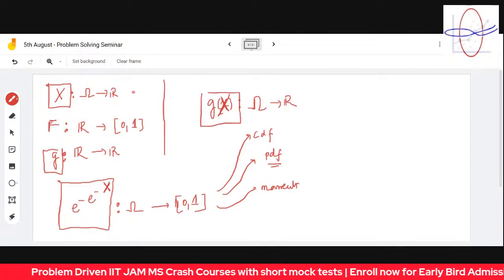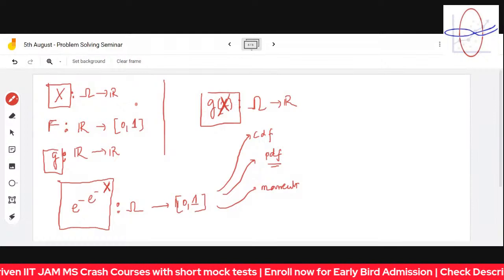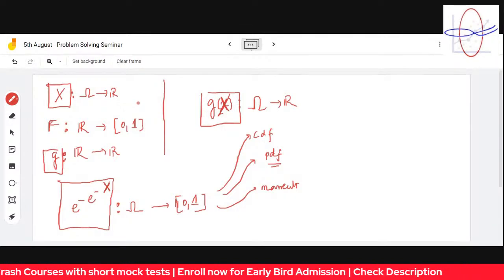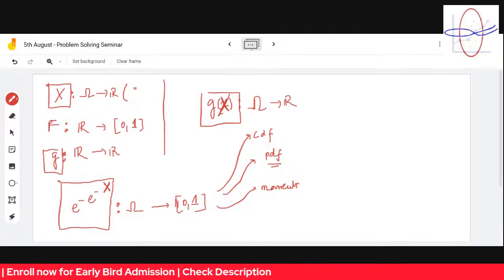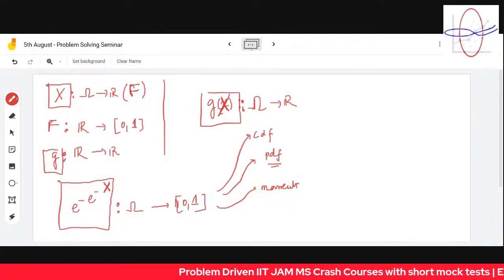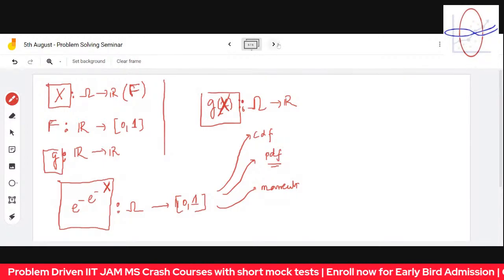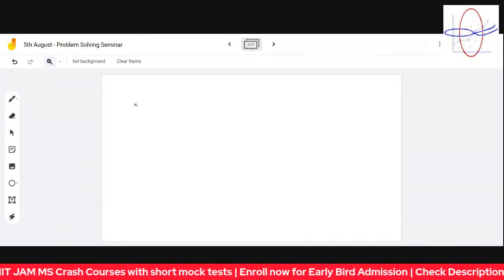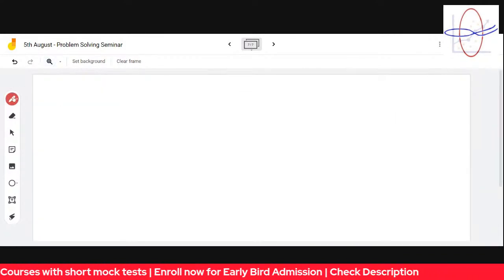If we know that this x has a PDF or CDF, then how will g of x behave? So that's the main question we are looking forward to. But today we will do a special case.